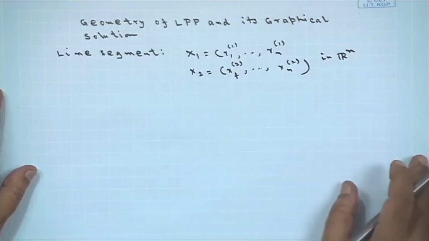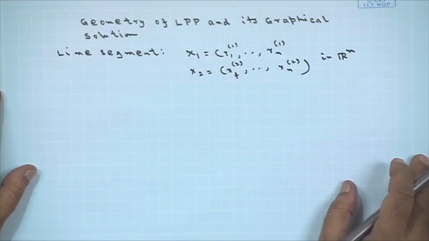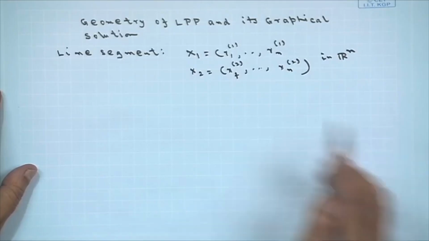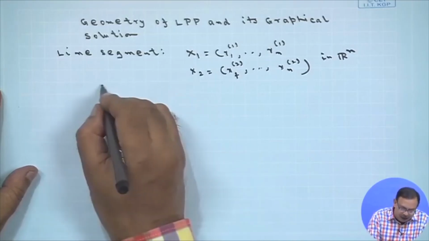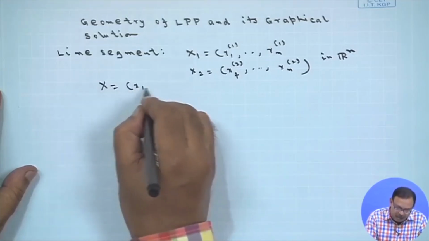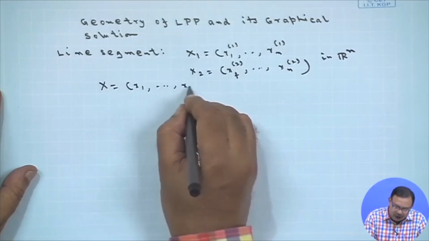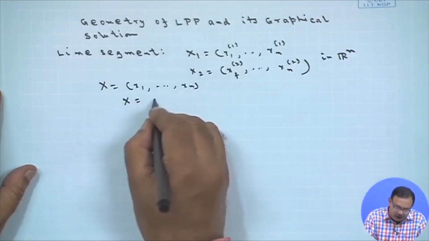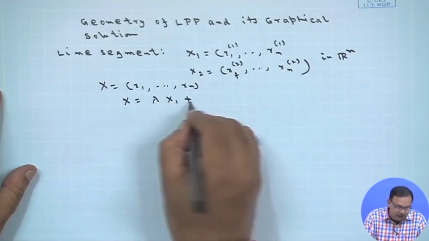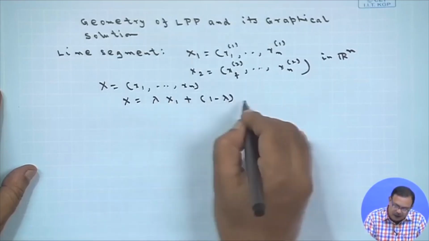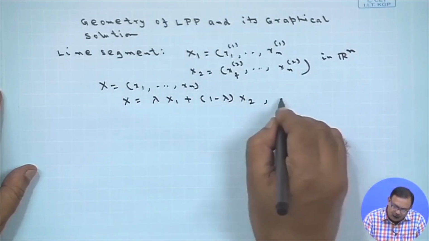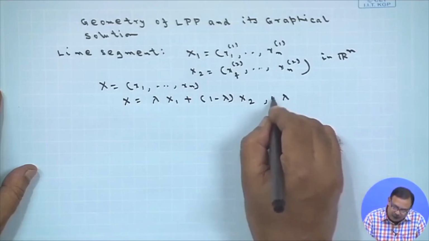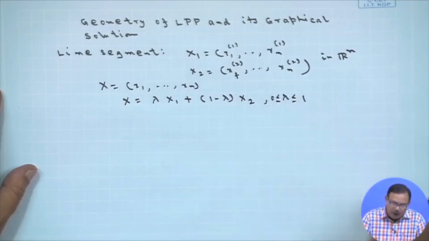Then the line segment joining these 2 points x 1, x 2 is the collection of points x, which can be written as x equals lambda x 1 plus (1 minus lambda) into x 2, where lambda lies between 0 and 1.